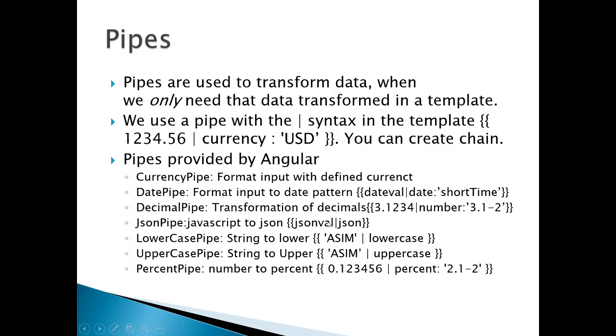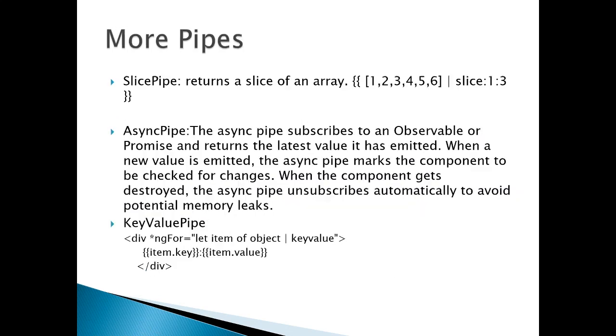Same, we can apply the decimal pipe. In this, we are defining that we want to see this number in this way. We can apply the JSON pipe. The input variable will be converted into a JSON variable. Same, uppercase and lowercase pipes can be used. Same, percentage pipes can be used. You can apply it and you can see the numbers as a percentage.